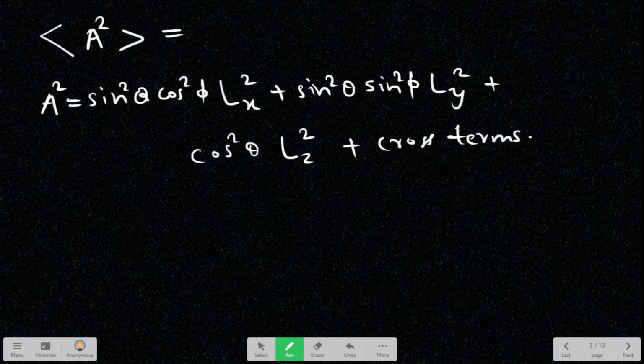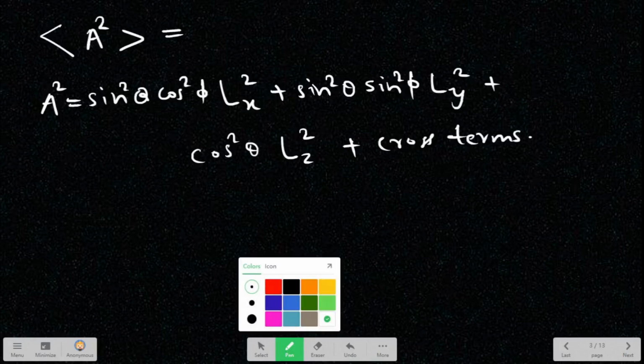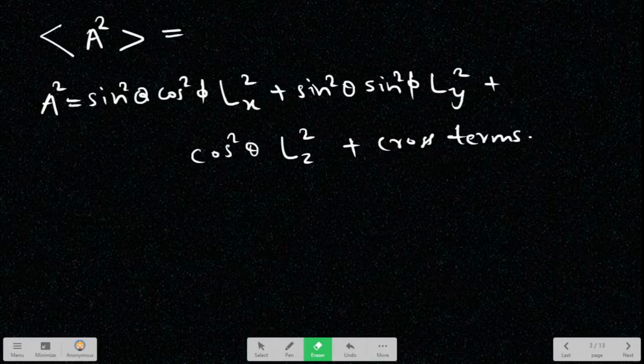Now if you calculate the expectation value of A square, this will be equal to sin square theta cos square phi expectation value of Lx square plus sin square theta sin square phi expectation value of Ly square plus cos square theta expectation value of Lz square plus expectation value of cross terms.